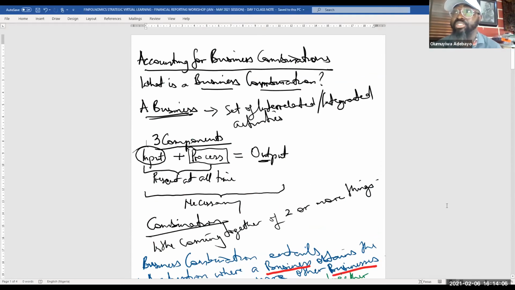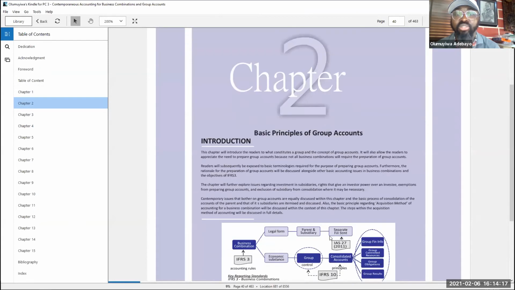Without any other question, I think we've done justice to it. And tomorrow, God willing, we will now introduce ourselves to the basic principles of group accounts.